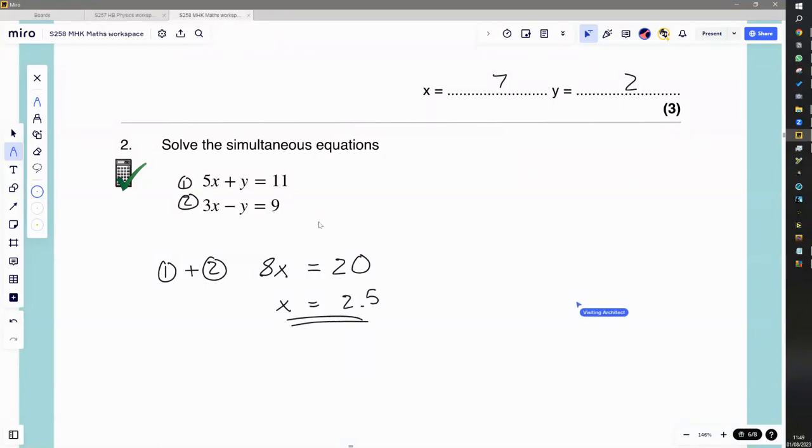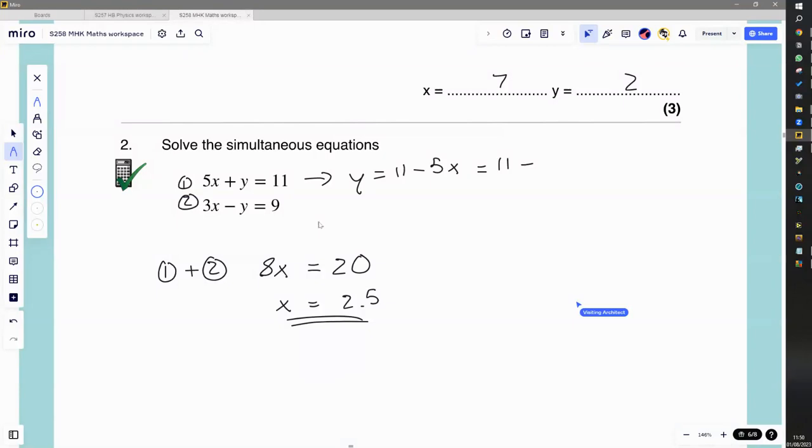So that's our solution for x, and what do we do? We put that into our equation for y. I would use equation 1 this time, because all I have to do to rearrange it for y is take away 5x. So y is equal to 11 minus 5x, which in this case is going to be 11 minus 5 times 2.5.